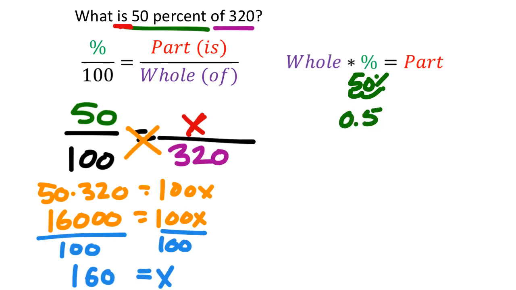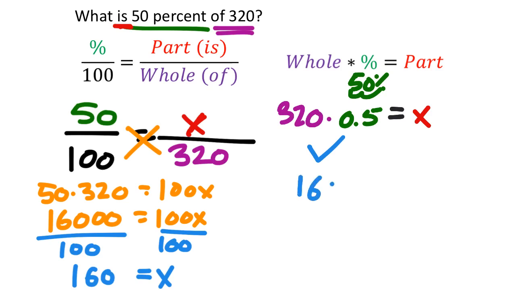And again, it gave us the whole at 320. So I have 320 times 0.5 is going to equal the part, whatever it is. And again, I would just say x for now. And yes, 320 times 0.5 is 160. Now, we don't really need the x there, but yeah, 160 would be 50% of 320.